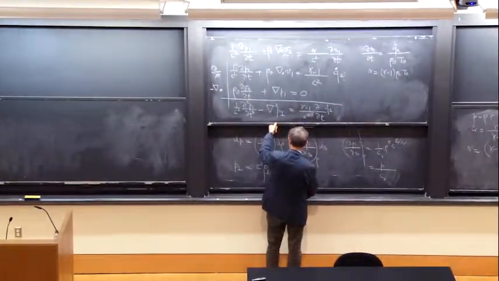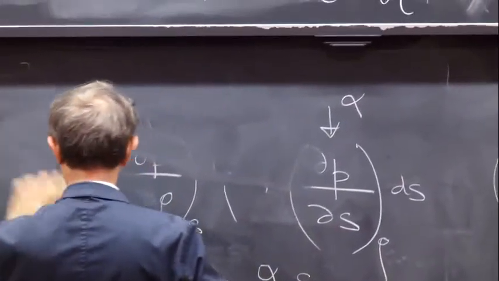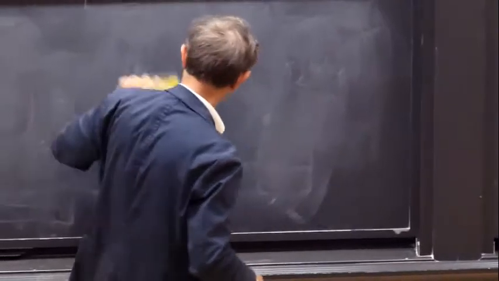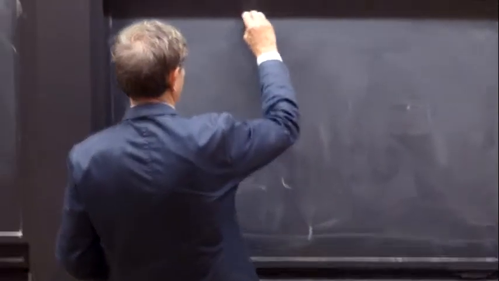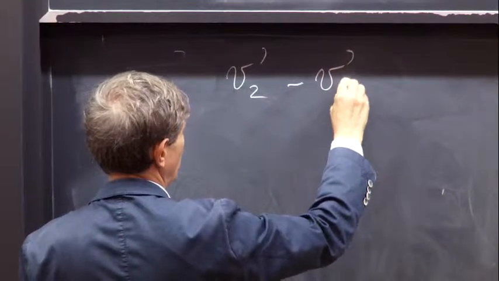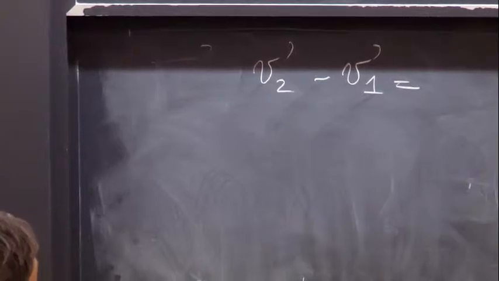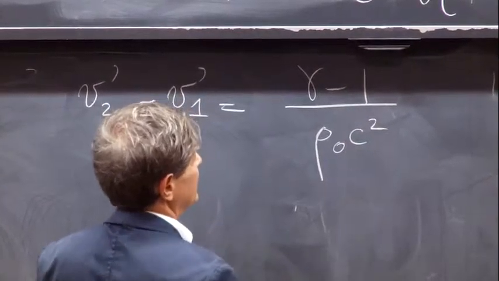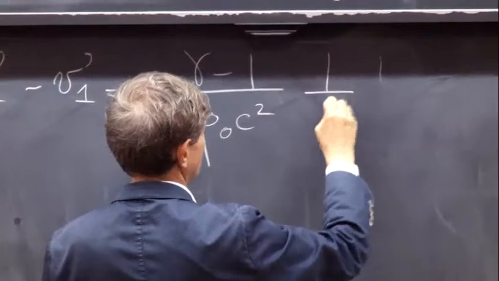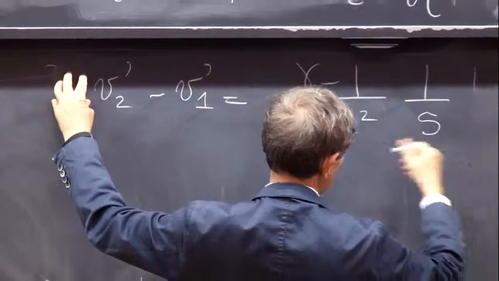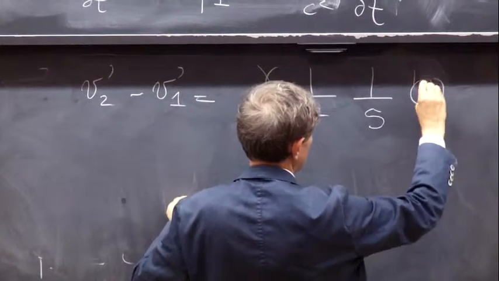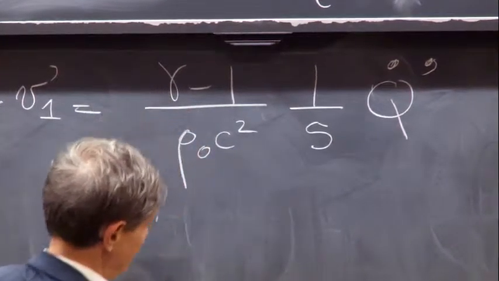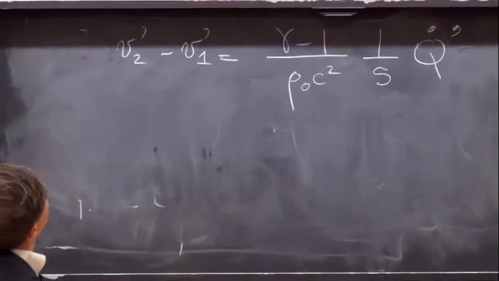So in that case, what we have is that the fluctuation of velocity on the two sides of the flame, V prime 2 minus V prime 1, is equal to gamma minus 1 over rho 0 c square times 1 over S. This S comes from here, and we assume that the two areas were the same, times q prime dot. It's the heat release rate fluctuation.